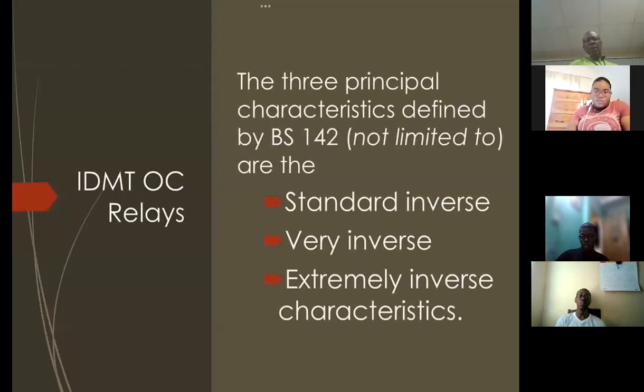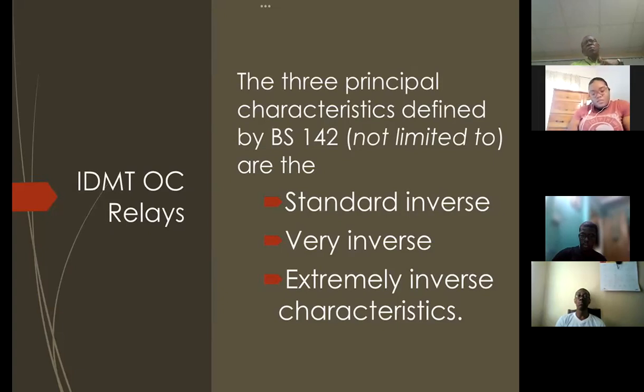So the inverse relays, we further delineate those inverse characteristics by identifying three types.